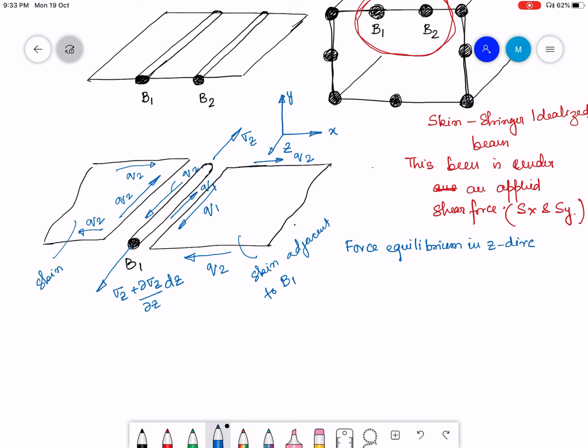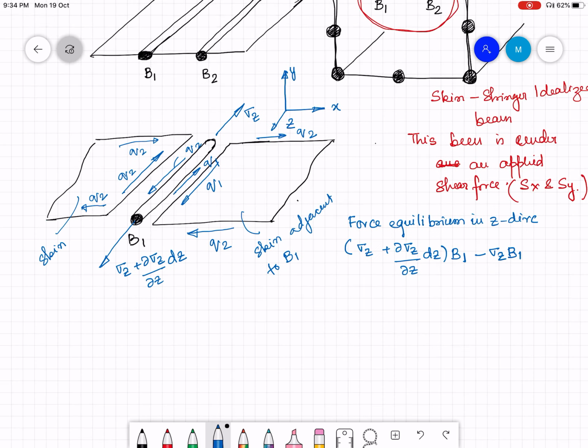So what are the stresses in z direction? I have sigma z plus del sigma z by del z into dz, into the area, which is boom 1, minus sigma z into b1.